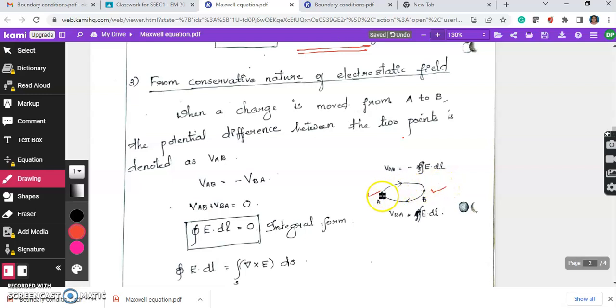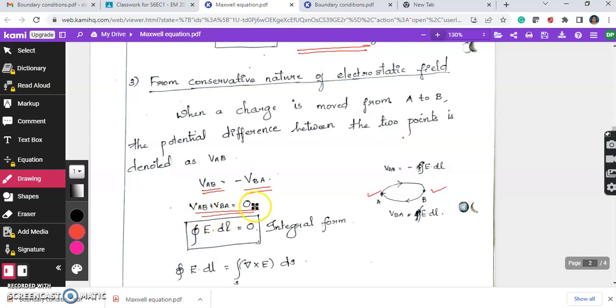If you are moving from A to B, the potential difference is VAB, and if you are moving from B to A, the potential difference is minus VBA. Why? Because the second potential will be the negative of the first. So we can write VAB plus VBA is equal to 0.